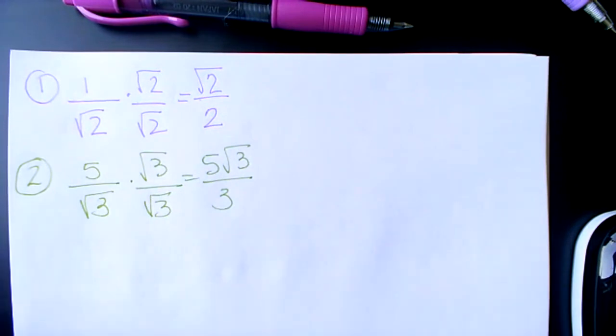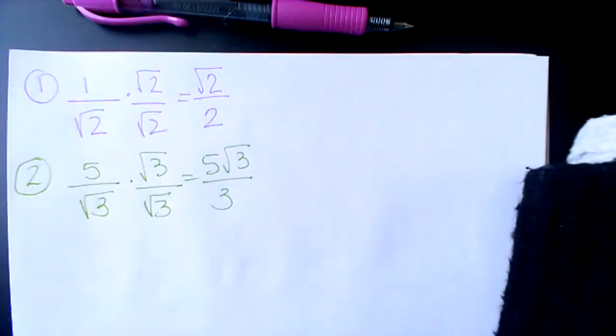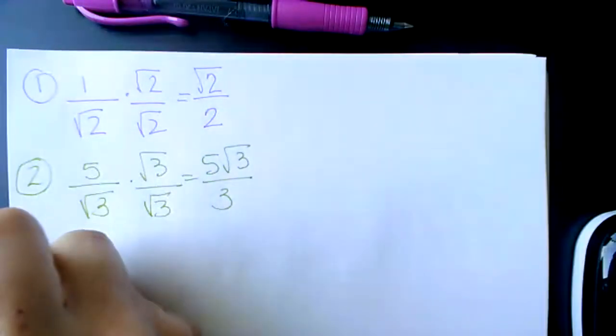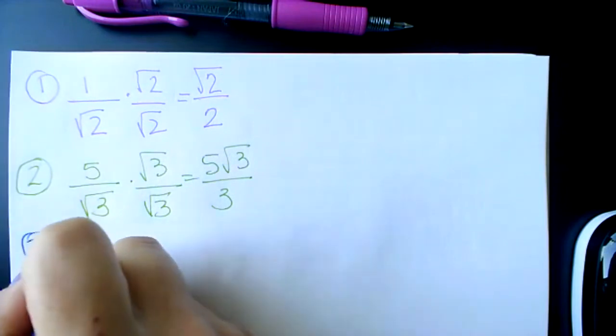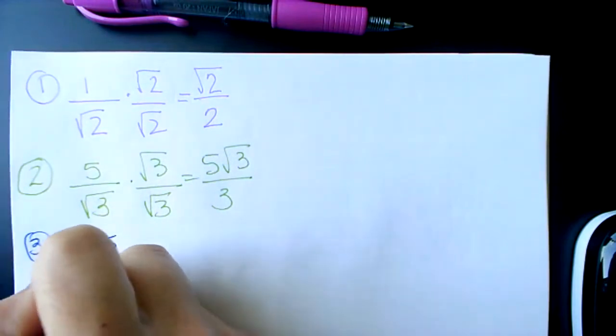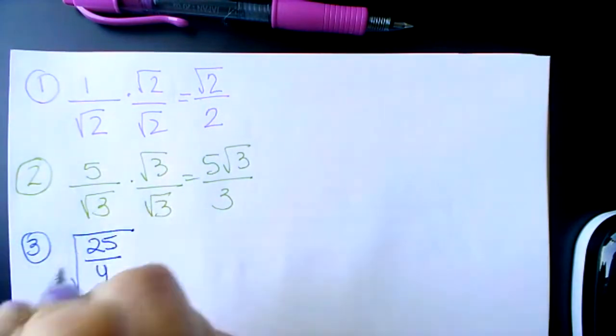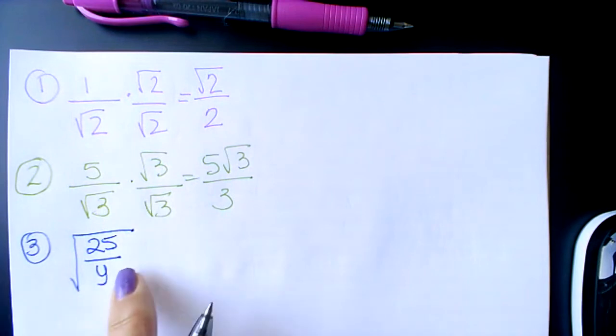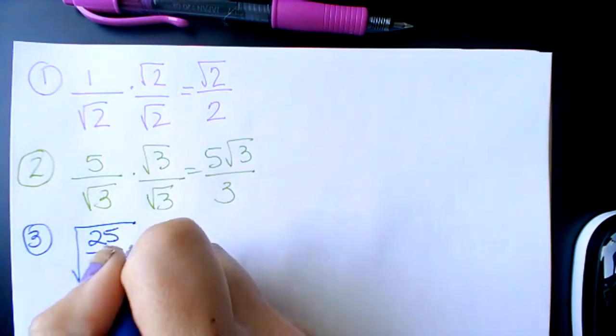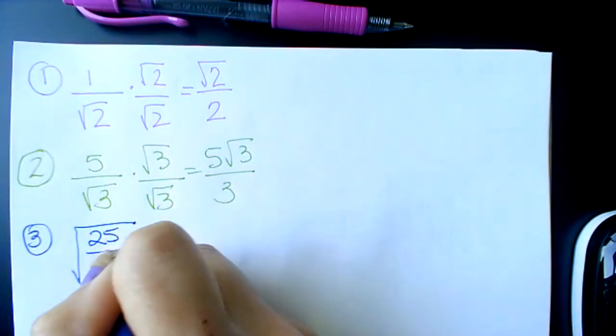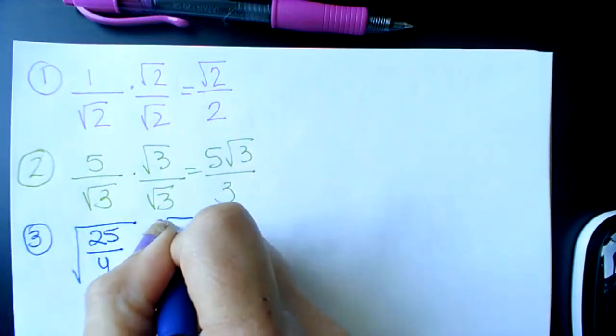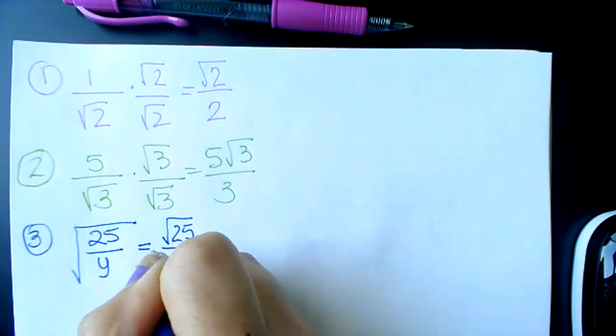All right? Now, 25, what? Rationalize the y, so I'm going to distribute the square root.